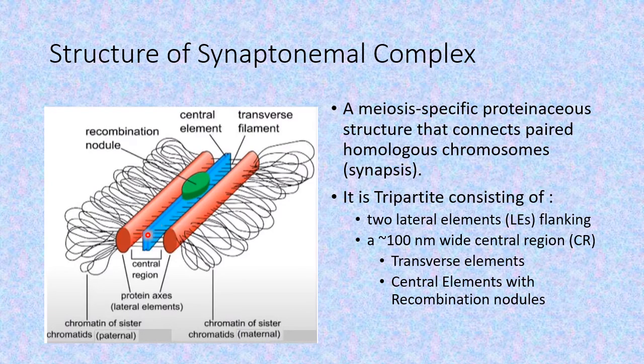Apart from that, this central element has the recombination nodules, certain proteinaceous complexes which are ellipsoidal. They are present at some distance from each other within this central region. So this is the basic structure of a synaptonemal complex.